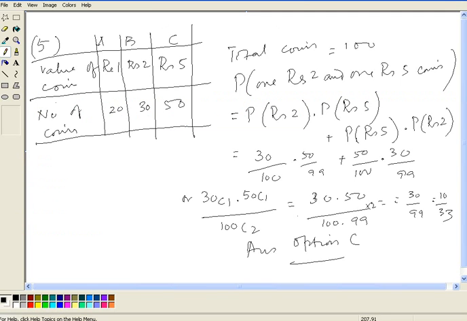So getting back to our work area as listed here. Now total coins is equal to 100. Now we need to find the probability that one 2 rupee coin and one 5 rupee coin are selected.